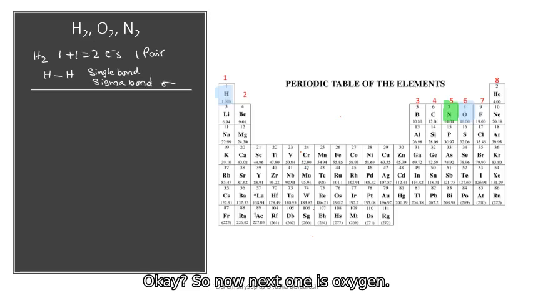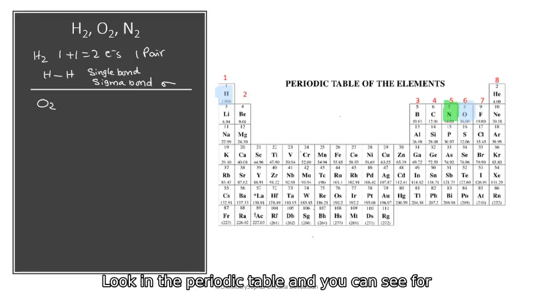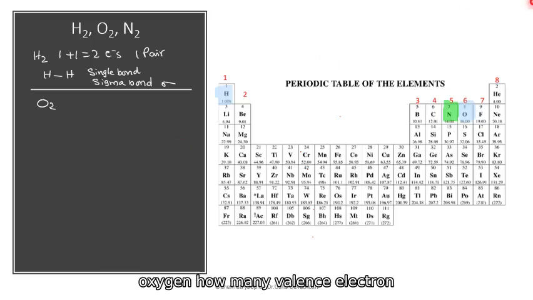The next one is oxygen. Oxygen is in the 16th group. Look in the periodic table and you can see how many valence electrons oxygen has. We will have 6 valence electrons.